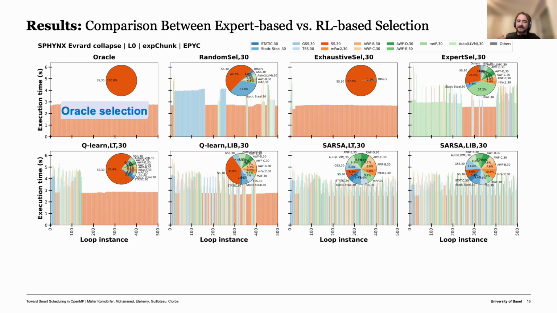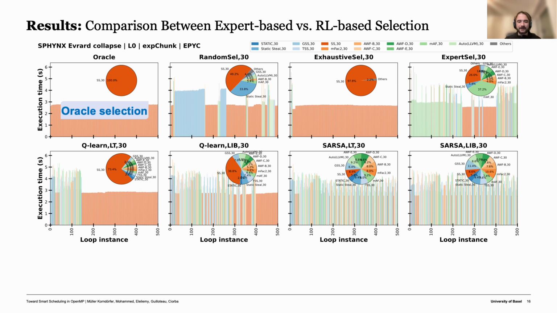But to understand what actually happened in the execution, we would like to look at what was the method that achieved the highest performance, and how was the selection of every selection method, right?